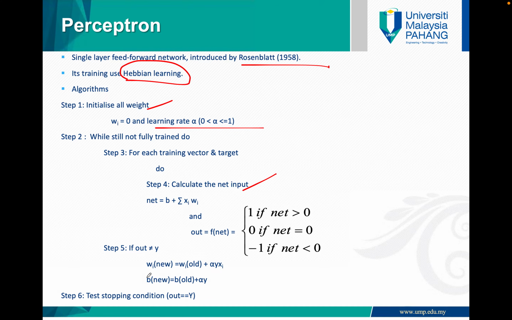After we calculate the new weight, we also calculate a new bias, which is the old bias plus the learning rate. Once we are done, we move to step 6, where we test the stopping condition. This algorithm will stop once the output equals the target. That's the perceptron algorithm.